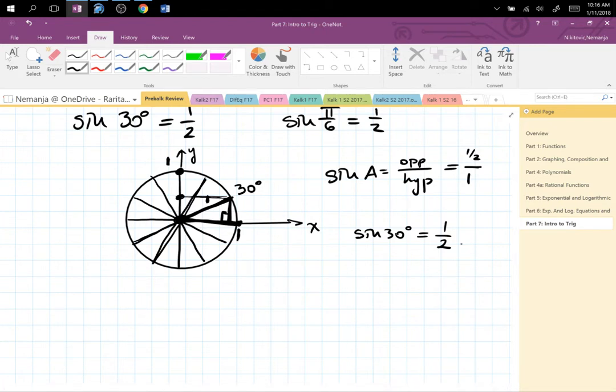Now, do you actually go and remember the way to get it? No. You remember values. You remember that tangent of pi over 4 is 1. You remember that the sine of 60 degrees is √3 over 2. You remember that the cosine of 60 degrees is 1/2. That's what you remember.